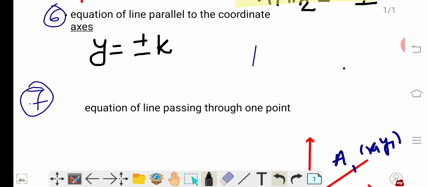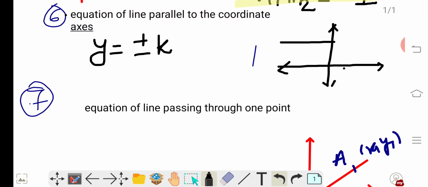If there is a coordinate axis, suppose like this, x-axis and y-axis, and the line is parallel to the x-axis, we can draw like this, as well as down here.